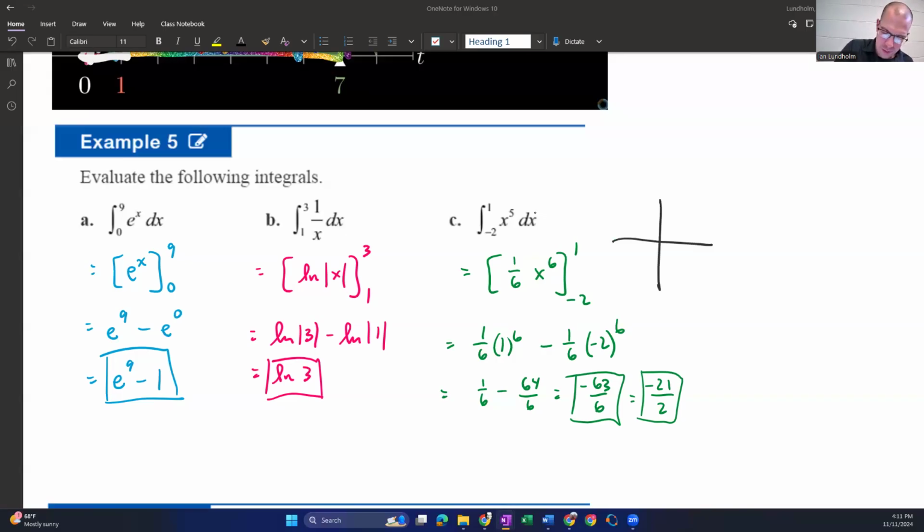X to the fifth is an odd function that goes up like this. And if we're evaluating it from -2 out here up to 1 here, we're going to have more area on the bottom than up on the top. So we are expecting a negative value out of this overall integral. So that makes sense.